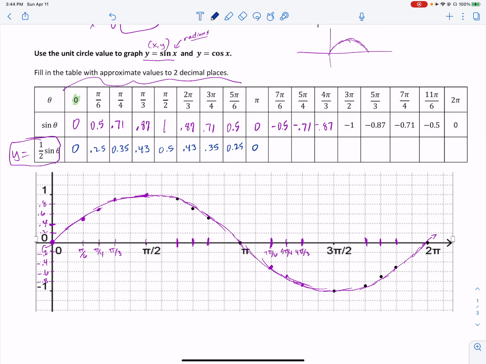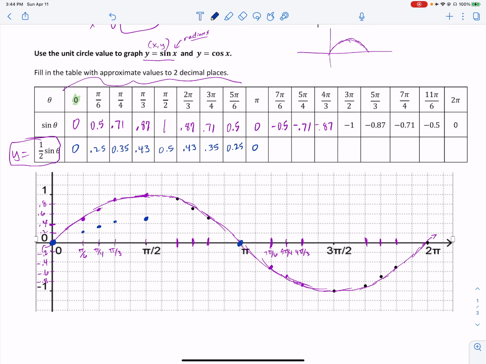And if I start graphing those, well, kind of the key point would be 0. At pi halves, you'd be at 1/2, and then back at pi, you're at 0. And all of these are half of what they were. You're at 0.25. You're at 0.35. You are at 0.43.